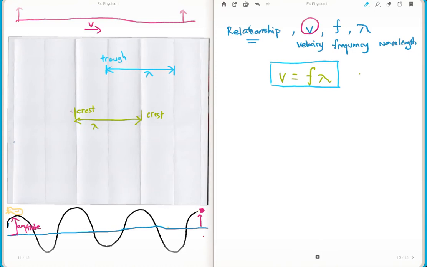And as we have learned from Form 4, the unit of velocity is meter per second. The same goes here: check left and right, make sure they are the same. Frequency is 1 over second, and the SI unit for wavelength is meter, so therefore they are equivalent.